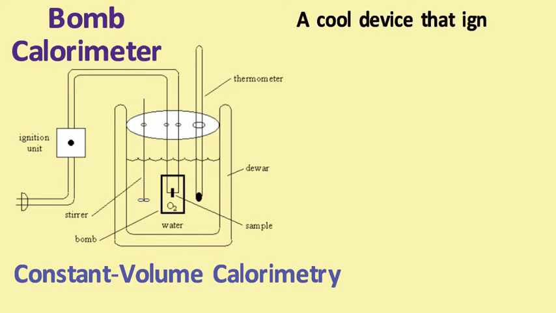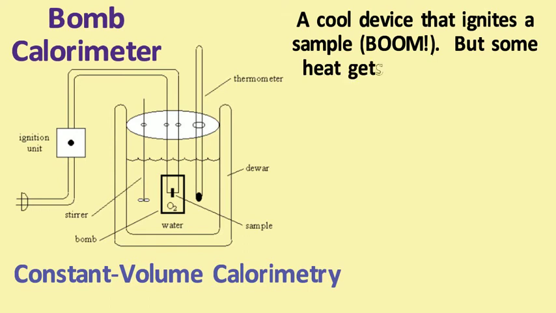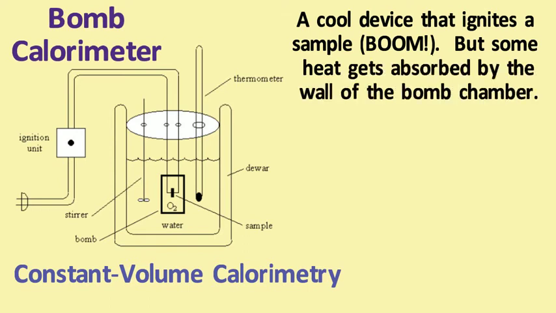It's a pretty cool device that ignites a sample, but some heat gets absorbed by the wall of the bomb chamber itself. So the thermometer's in the liquid outside the chamber, but some of the heat gets absorbed by the wall of the chamber. So you have to take that into account.